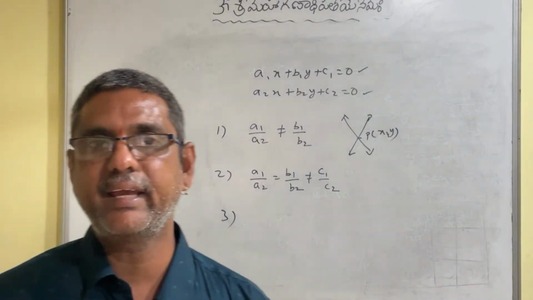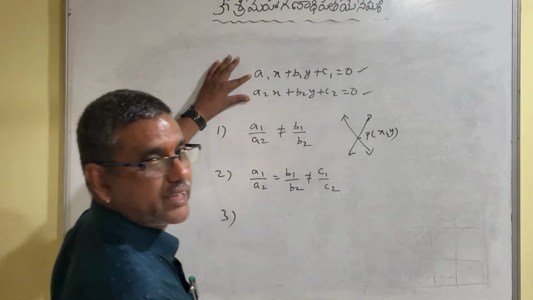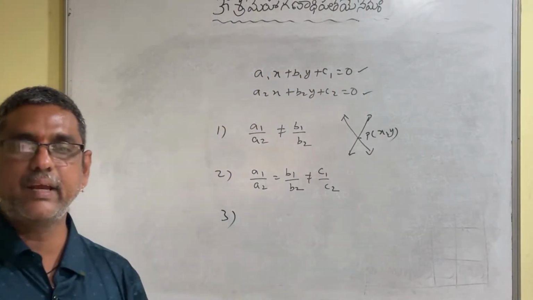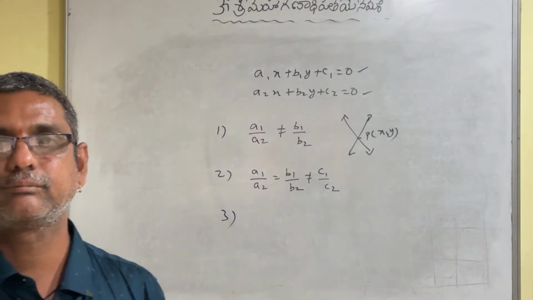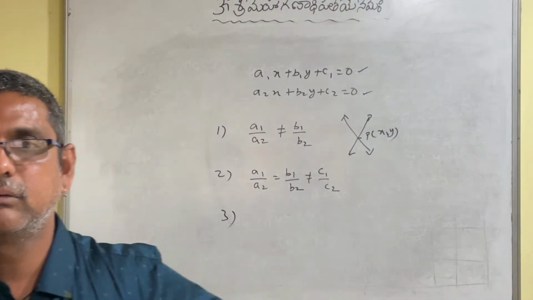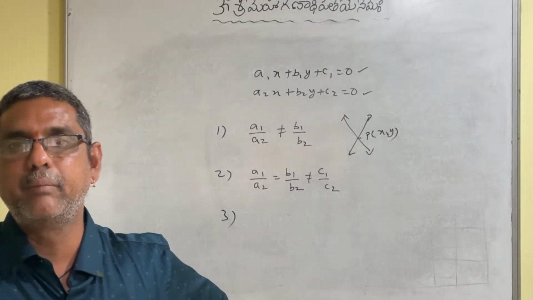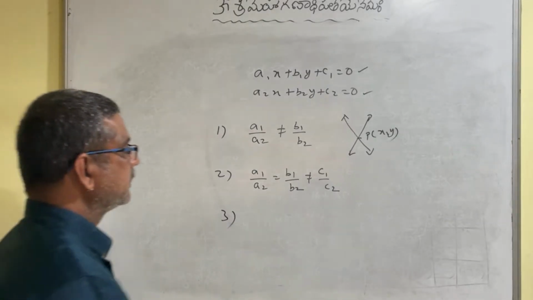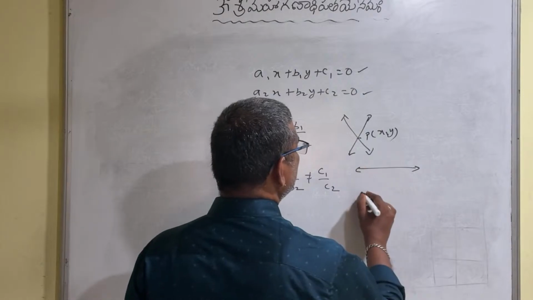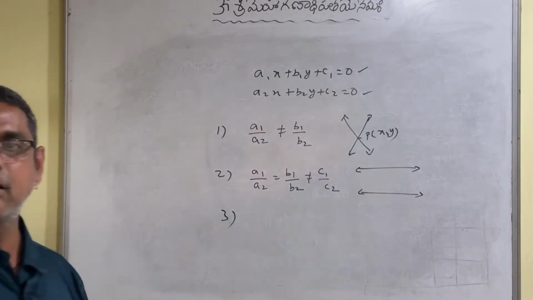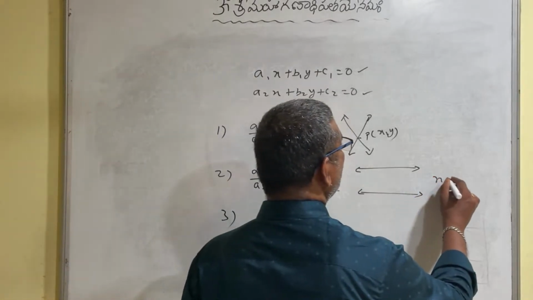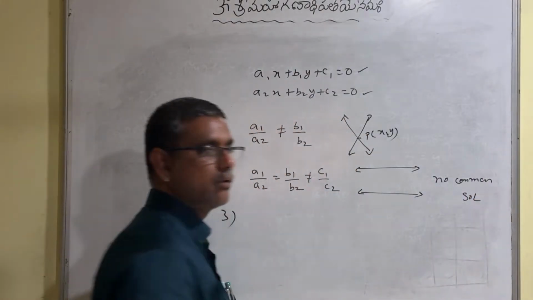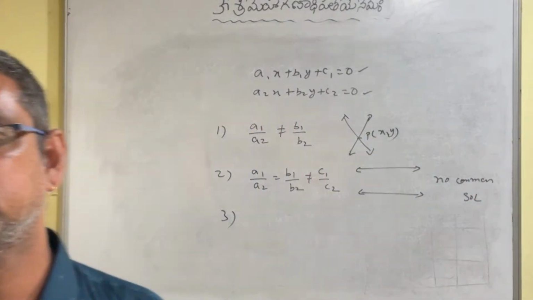The ratio of x coefficients is equal to the ratio of y coefficients, but these are not equal to the ratio of constants. Then the lines are parallel. That means no common solution.